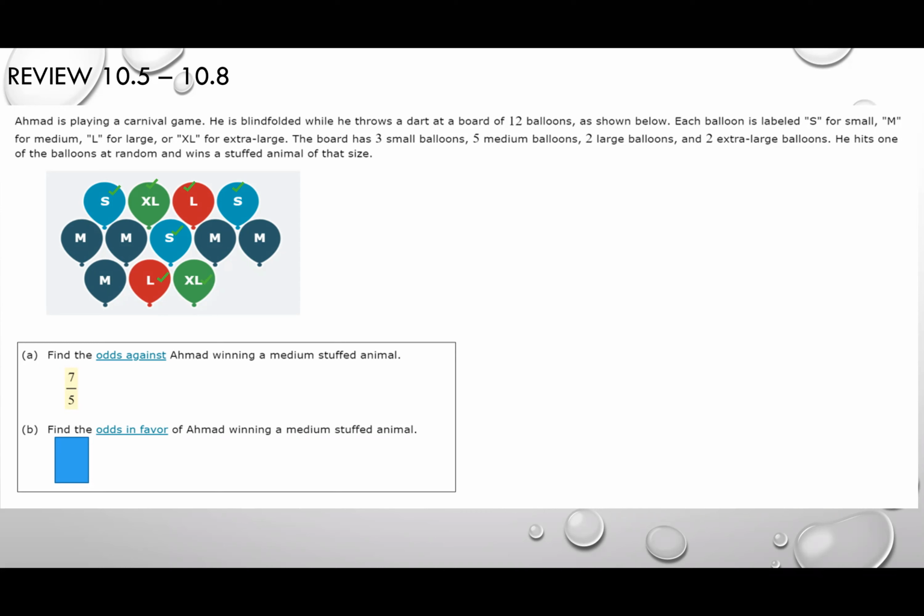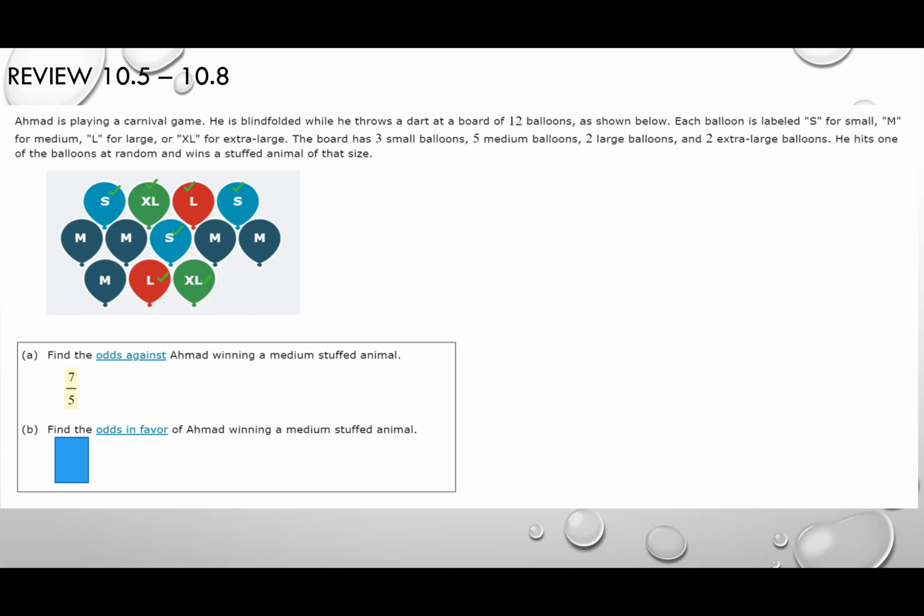We have 7 items that are not medium, over how many medium do I have? So odds against is what we do not have over what we have. So 7/5.